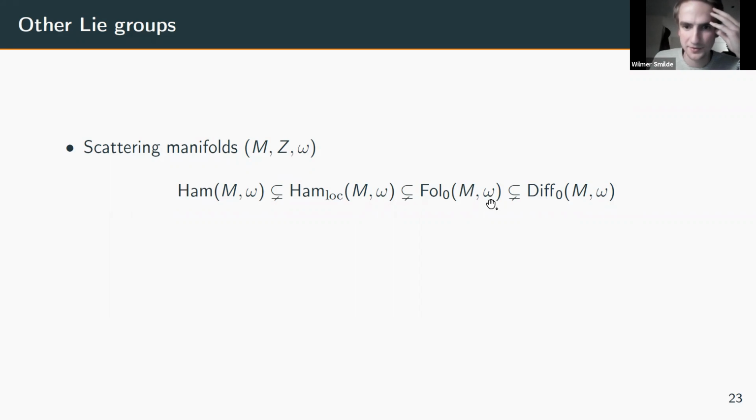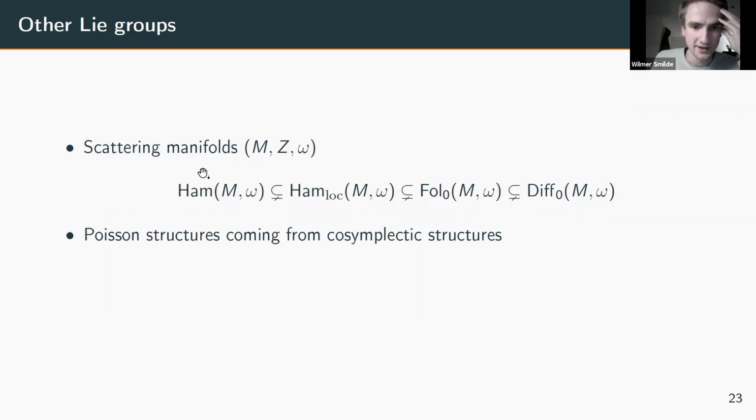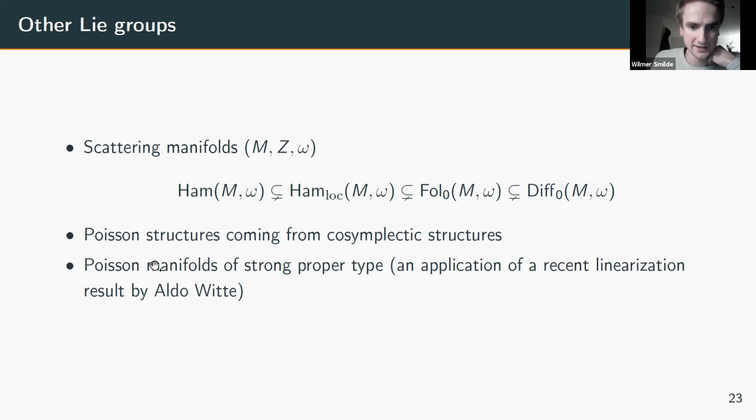And in this case, all of the groups are different. You can also prove that Poisson structures coming from cosymplectic structures form a Lie group, and for Poisson manifolds of strong proper type, those Poisson diffeomorphisms also form a Lie group. This is actually an application of the recent linearization theorem that I mentioned before.